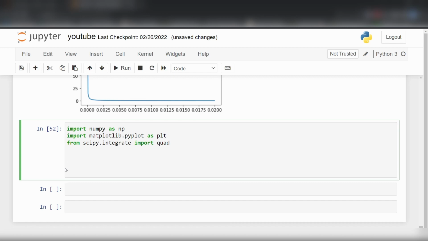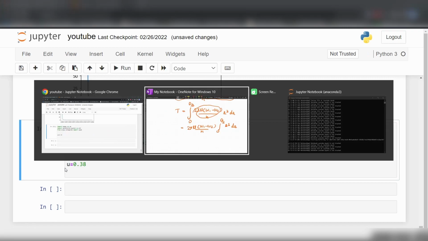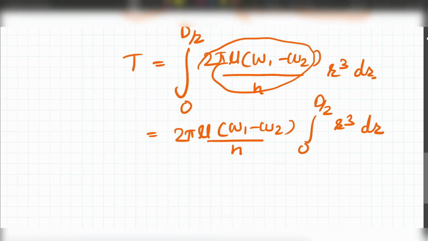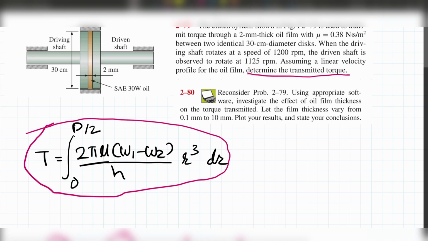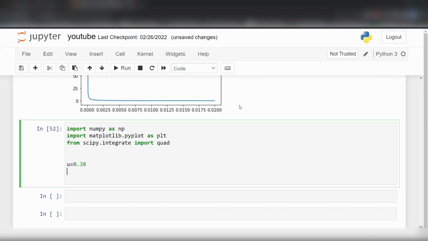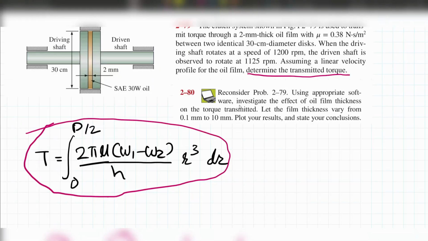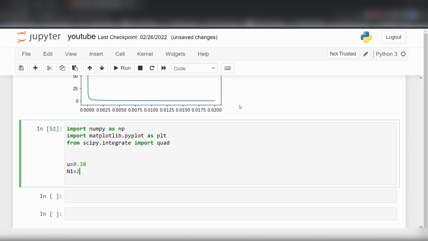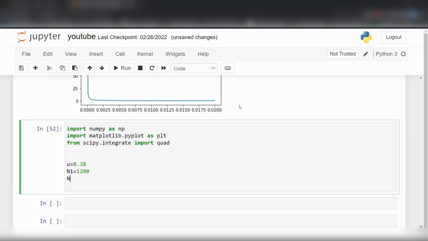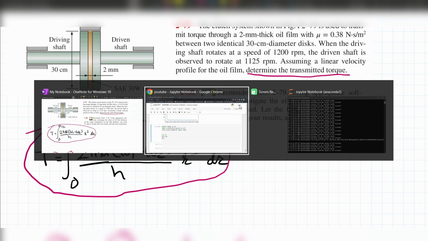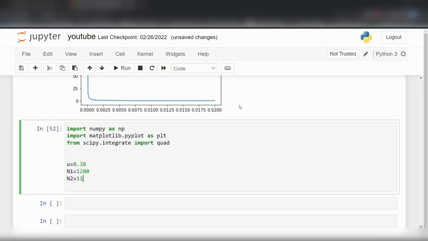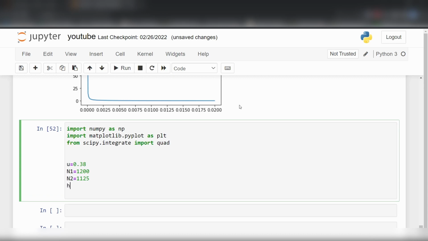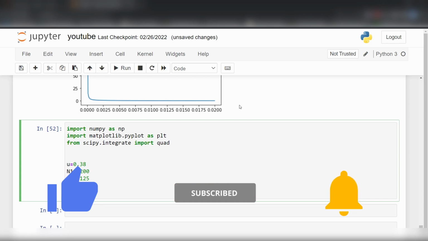So first we will say mu is equal to 0.38 Newton second per meter square, and n1 is equal to 1200 rpm, and n2 is equal to 1125 rpm, and our h, the thickness, is equal to 2 divided by 1000, because our whole unit is in the meter system.